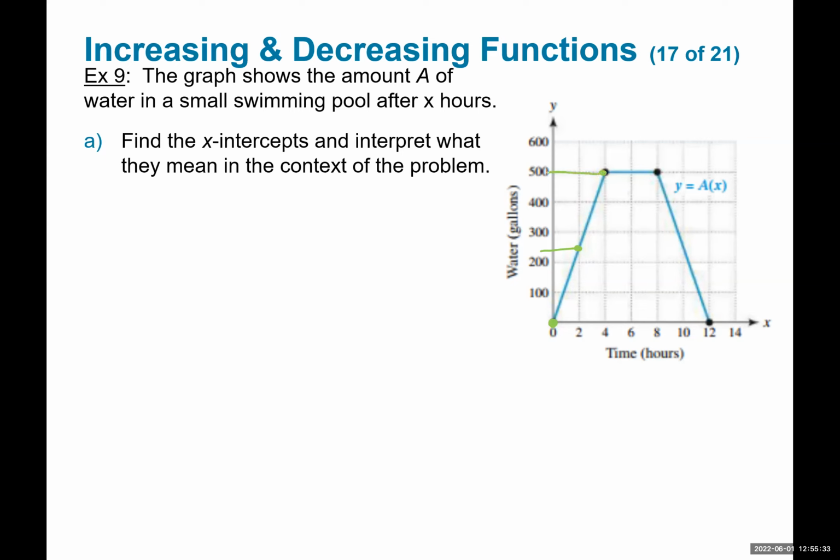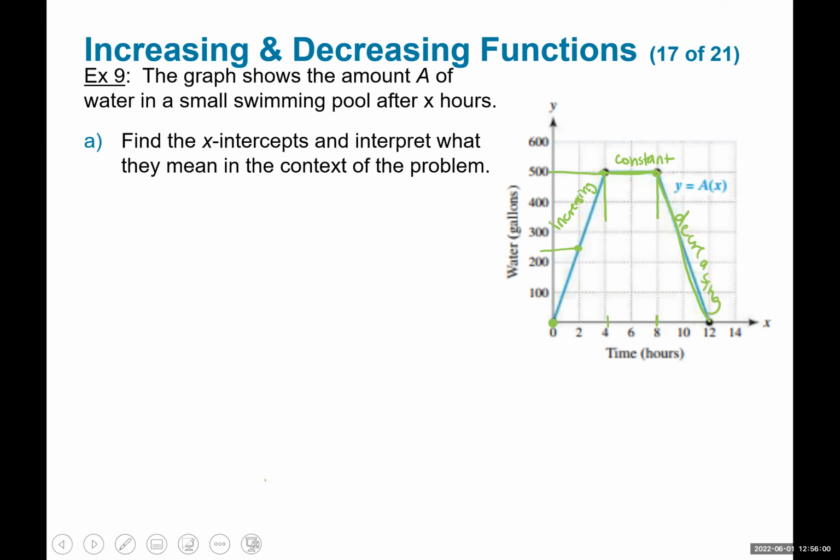We got 500 gallons. We keep those 500 gallons from 4 to 8 hours. But then we start to drain the pool, so it's decreasing. So it's increasing, constant, then it starts to decrease.